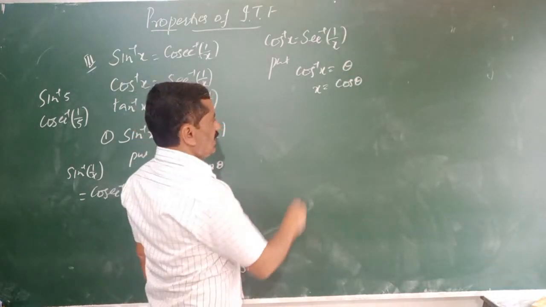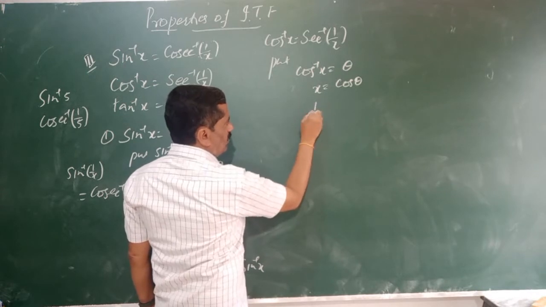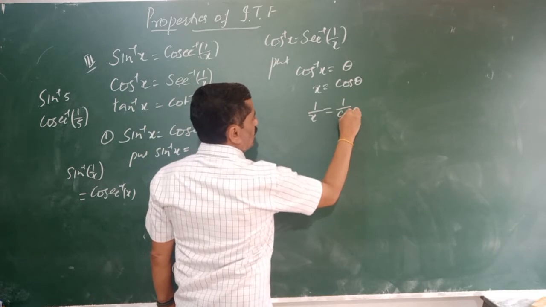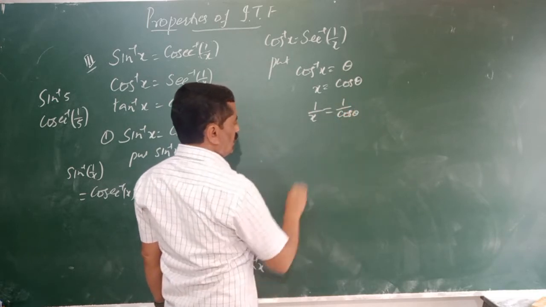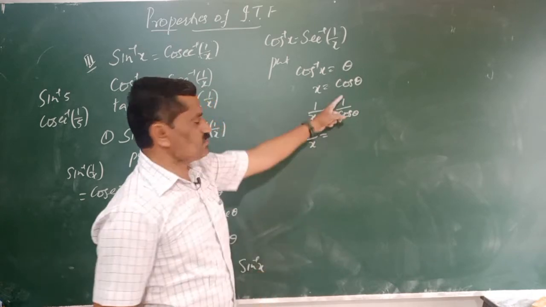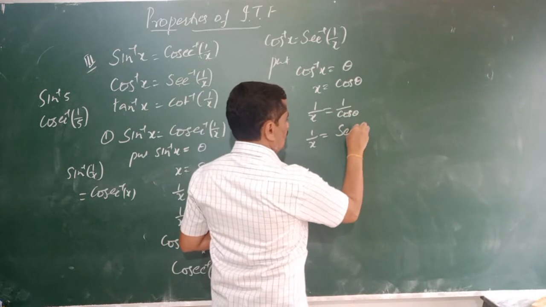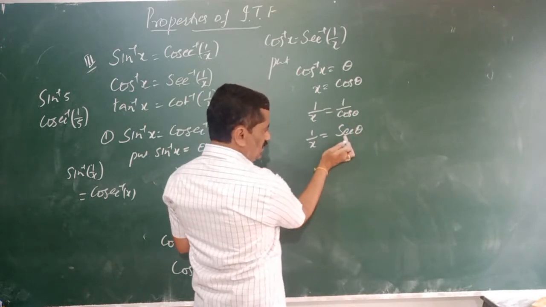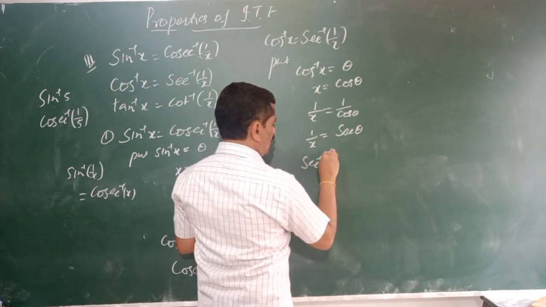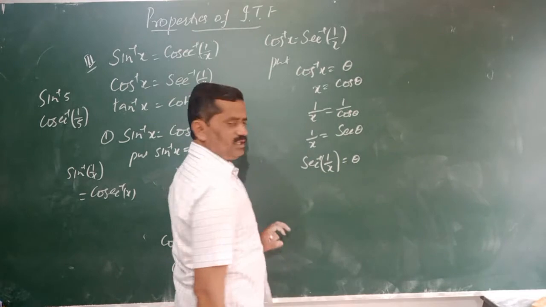Again taking reciprocals on both sides, 1 by x is equal to 1 divided by cos theta. We know that 1 by cos theta is secant theta. Now bring the secant to the LHS. Therefore secant inverse of 1 by x is equal to theta.